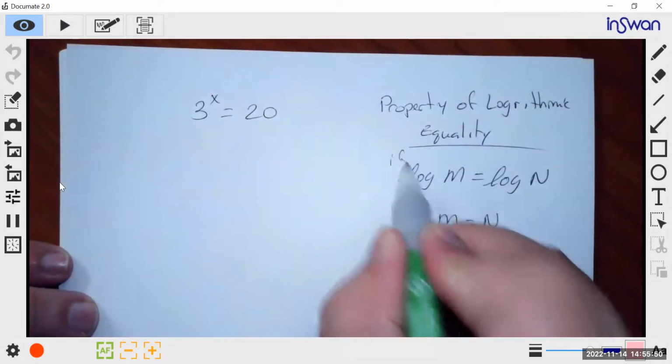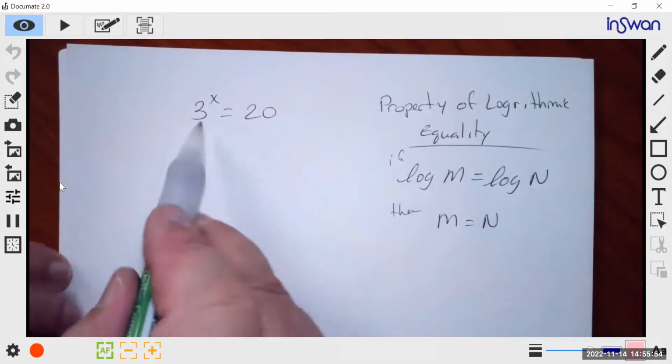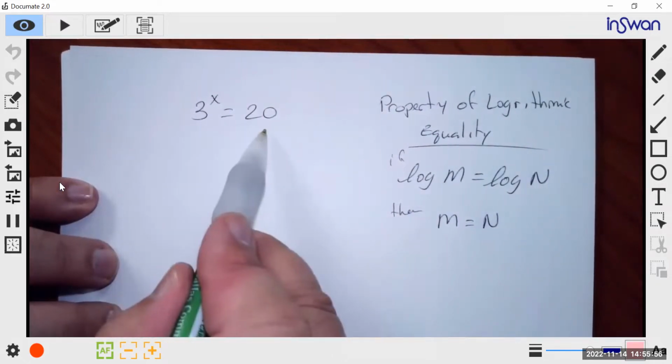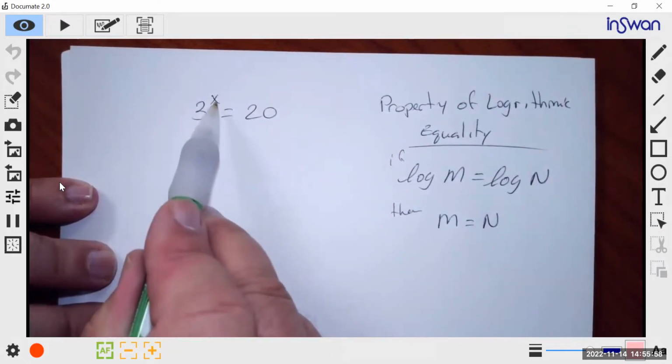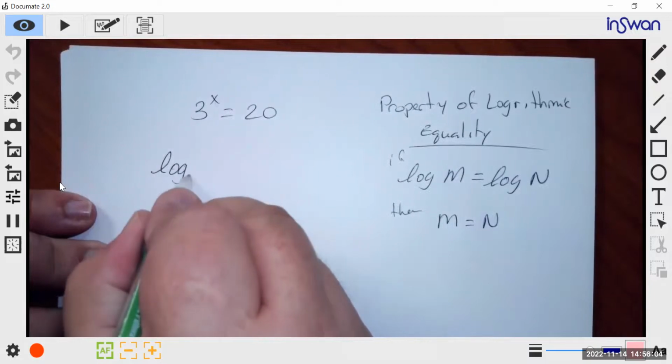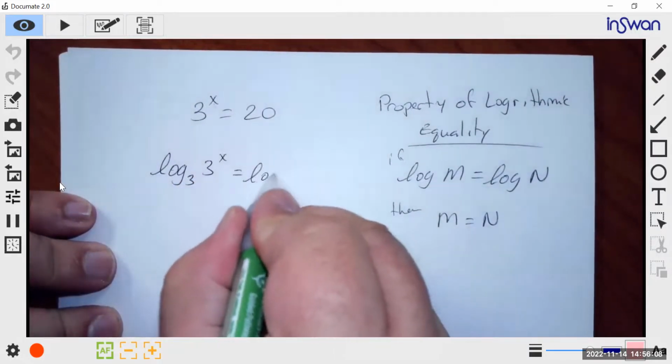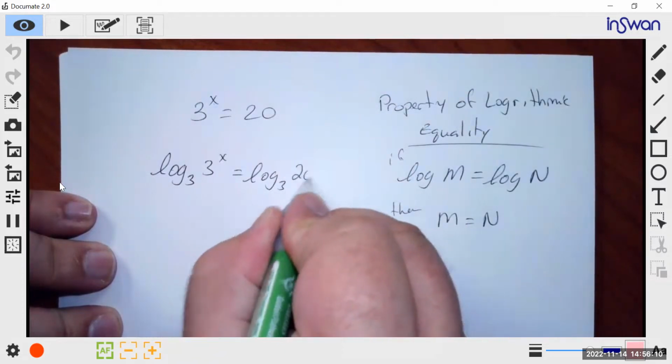So if that's true, then this has to be true. In other words, here, we have to get rid of the x on top. Since it's an exponent, we have to take the log base 3 of both sides. Whatever you do to one side, you have to do to the other side.